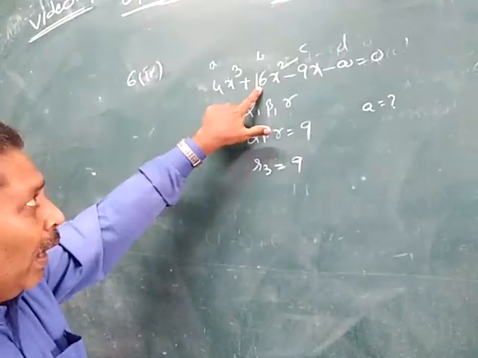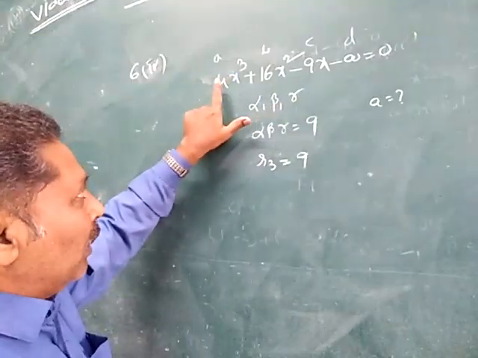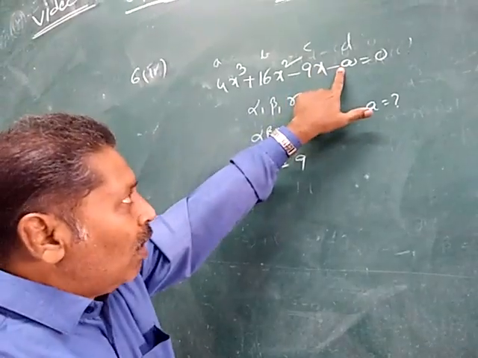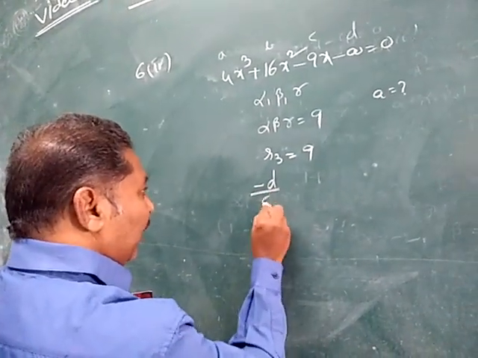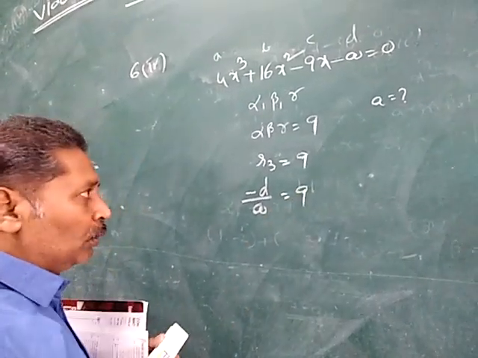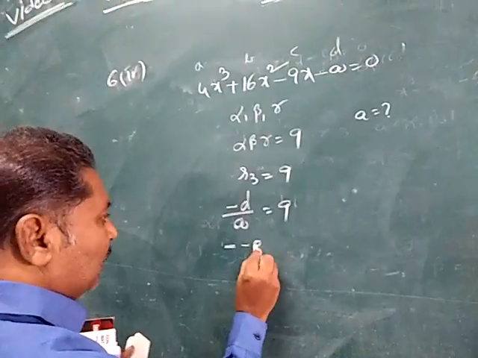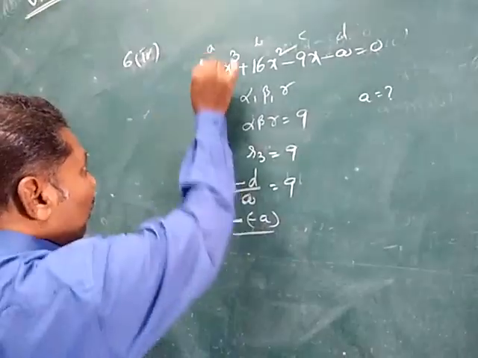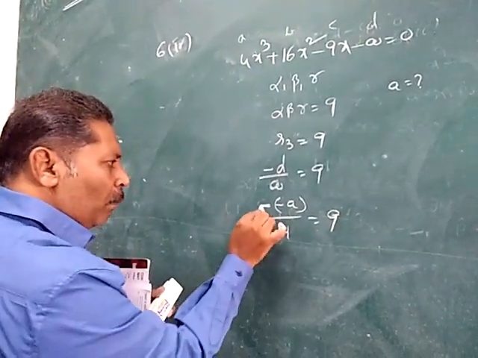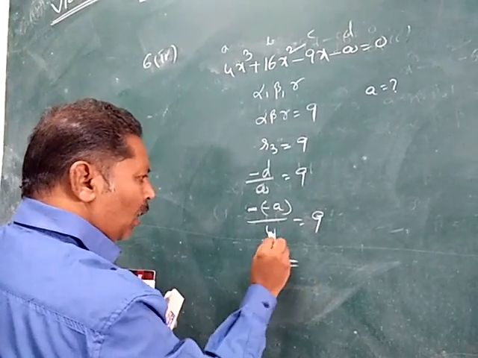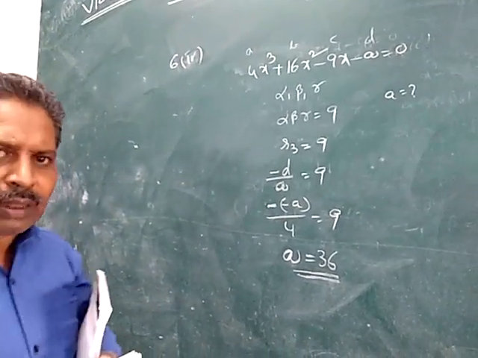S1 is minus B by A, S2 is plus C by A, S3 is minus D by A. Minus d by a equal to 9. Minus d value is minus a, by a value is 4, equal to 9. Minus into minus plus, a by cross multiplication, 4 into 9 equal to 36.